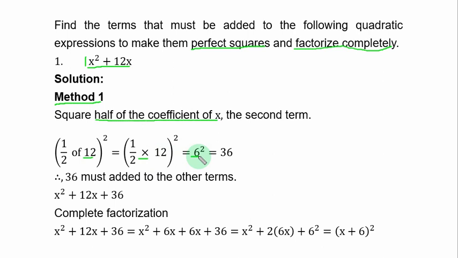Then you square it. When you square 6, you have 36. So 36 must be added to the other terms. So you have x squared plus 12x plus 36, which is now a perfect square. Then we are asked to factorize completely.